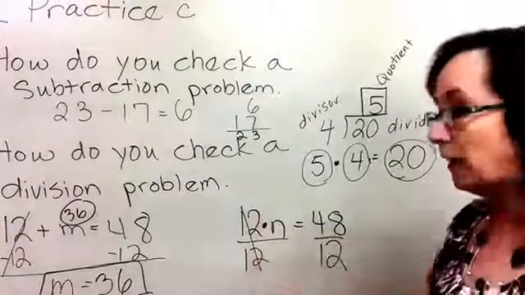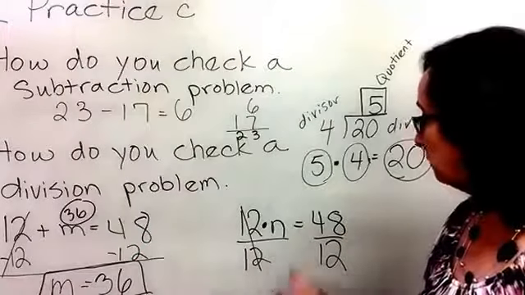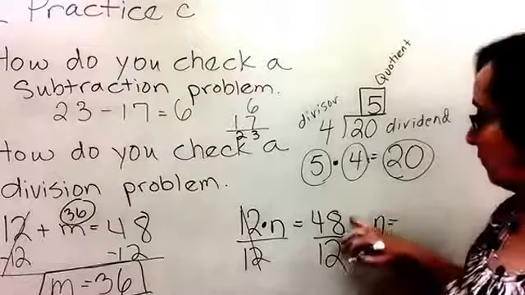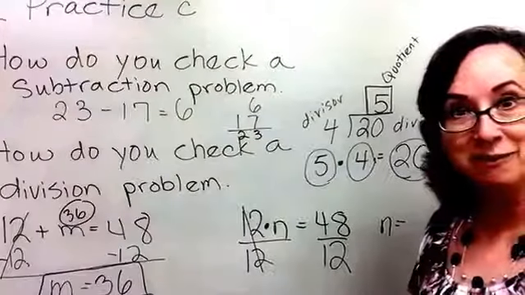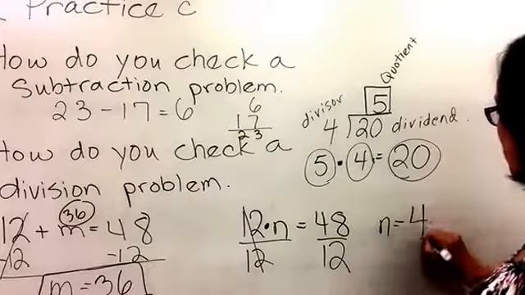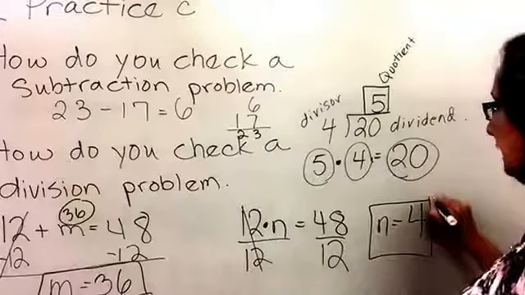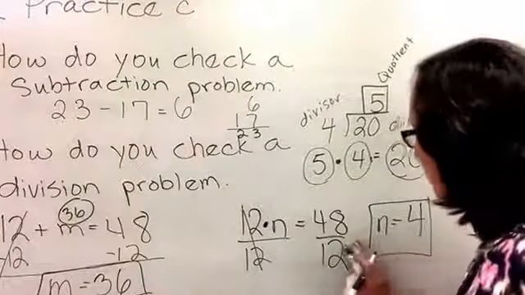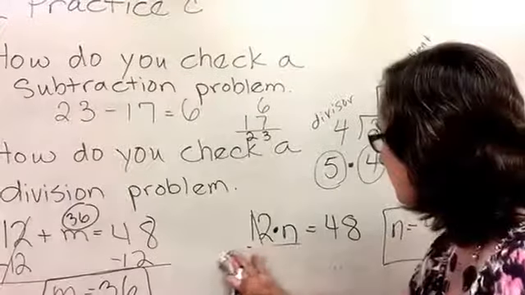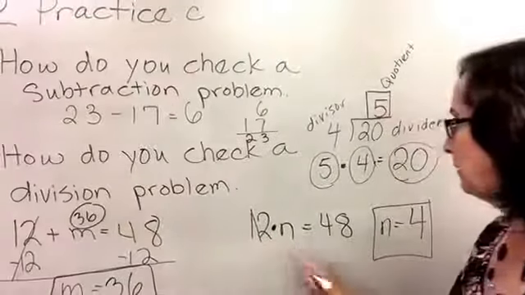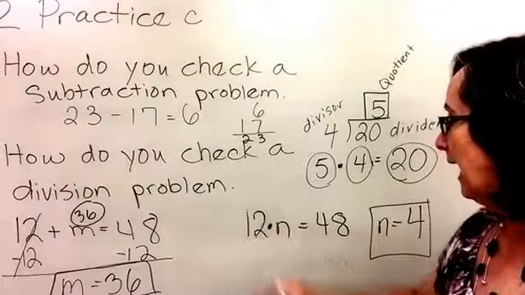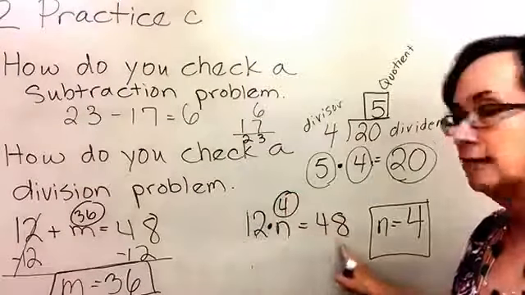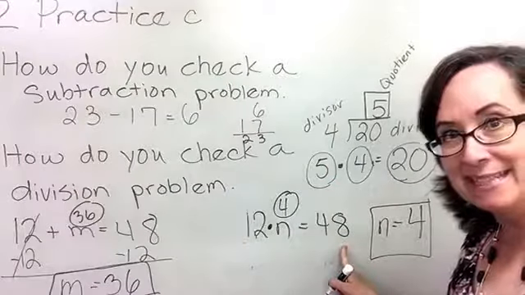So now my 12 cancels my 12, and I'm left with n equals 48 divided by 12. 12 goes into 48 4 times. Okay, so n is 4. So to check that, I would go back. Let's go backwards to my original problem, okay? And 12 times 4 does equal 48.